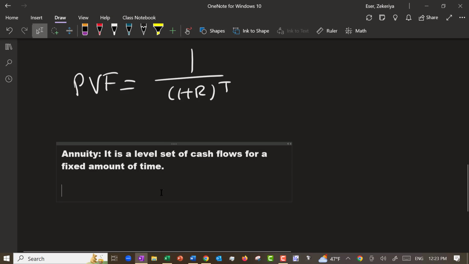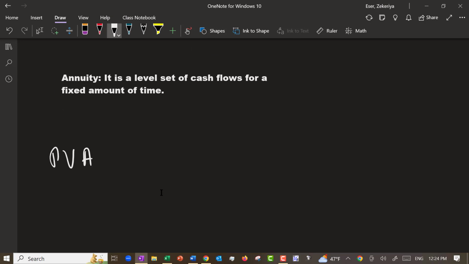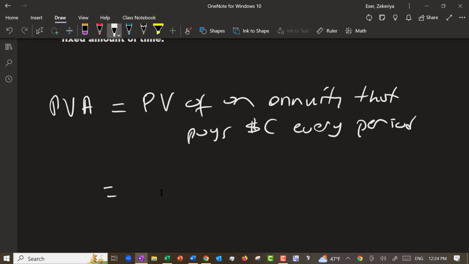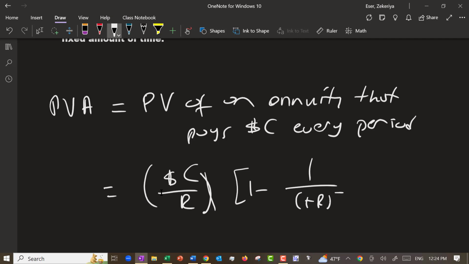And we have a formula for present value of an annuity that pays in a period, and it's equal to... You can write it as a formula in Excel if you're careful, especially with parentheses.